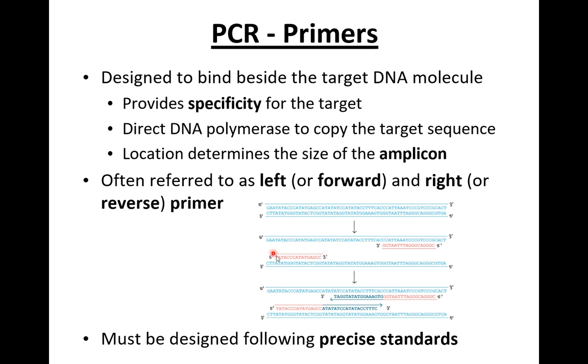So this will be your left or forward primer, and the other one will be the one binding to the 5 prime to 3 prime strand, so at the end of your target sequence, the one 3 prime to 5 prime here. Obviously they could be switched if these two sequences are written in the opposite order.